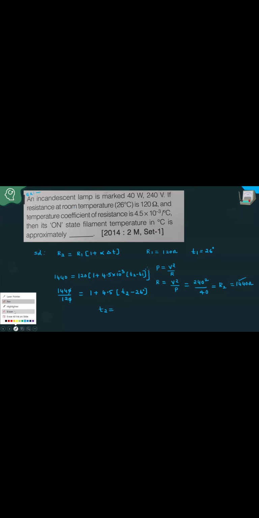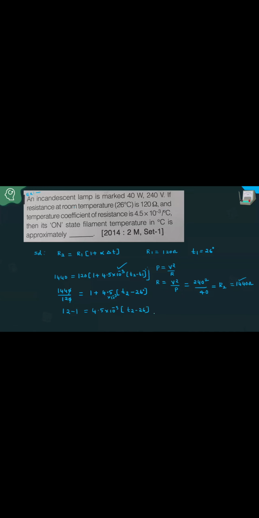I'm doing the simplification. Just a minute. This is 12 we get. 12 minus 1 equals 4.5 into 10 to the power of minus 3 into T2 minus 26.